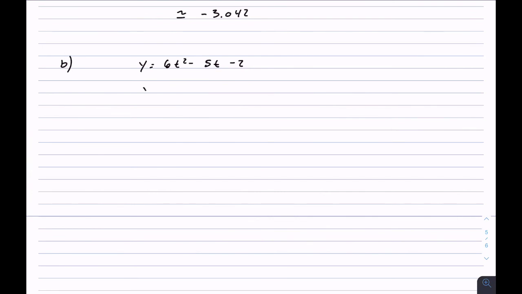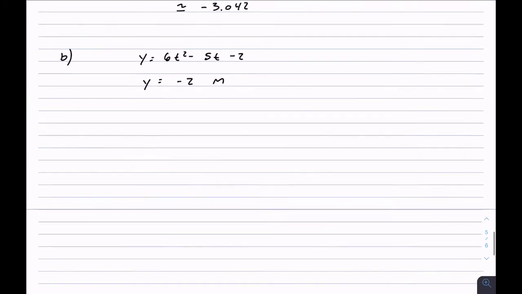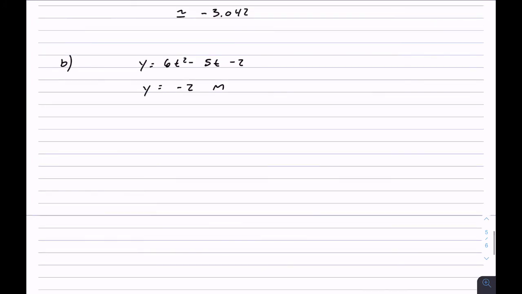So y is equal to negative 2 meters at t equals 0. That's our starting point. Now we want to know how much time has passed to get us back here.